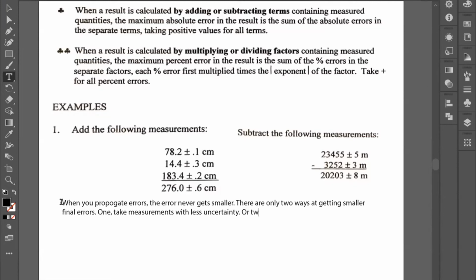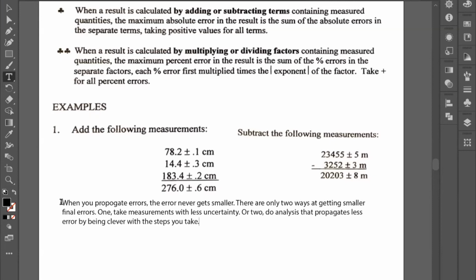Or two, do analysis that propagates less error, by being clever with the steps you take. I'll show you what I mean by being clever.